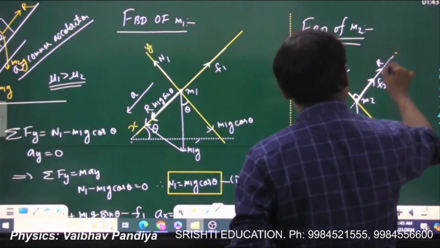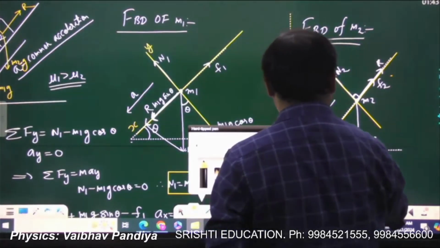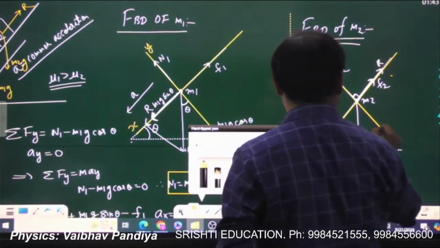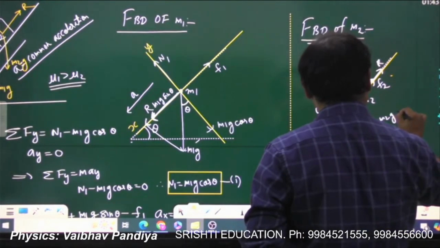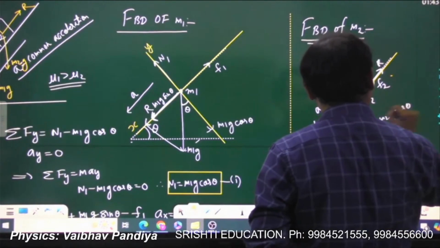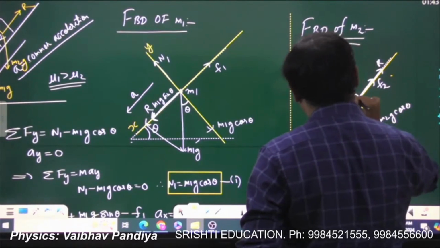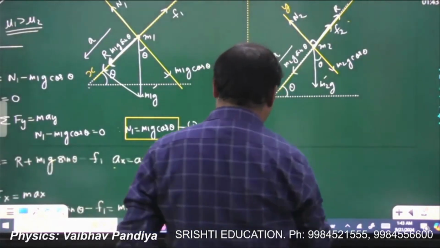So this I'm taking x-axis, y-axis, and then I will resolve the component. It will be M2g cos theta, and it is M2g sin theta, correct?